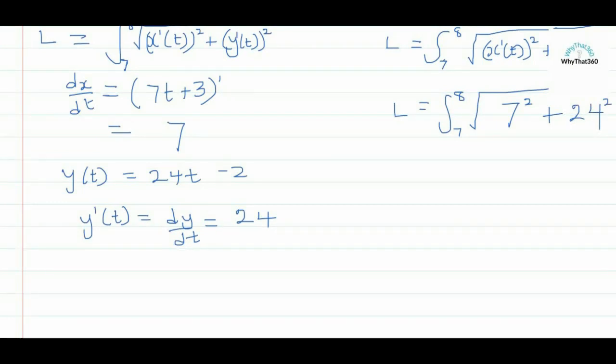So we get the square root of 49 plus 24 raised to the power 2, which is 576.